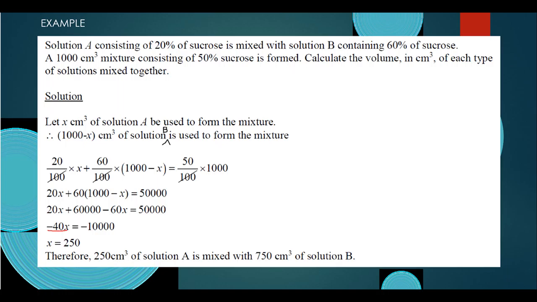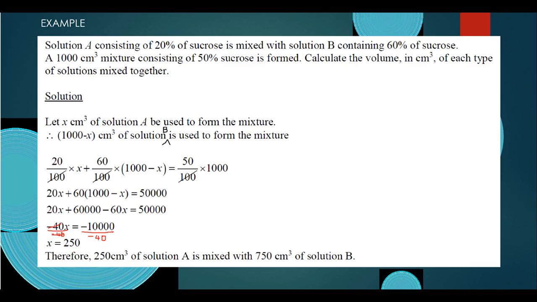So I divide by minus 40 on each side. So here minus 40 cancel out each other, giving you x, and then right hand side minus 10,000 divided by minus 40 will give you a result of 250.